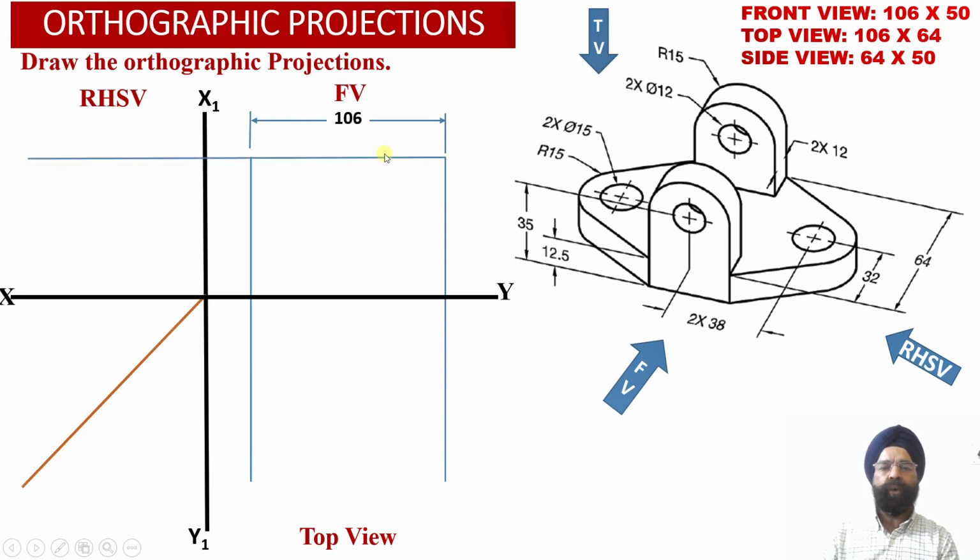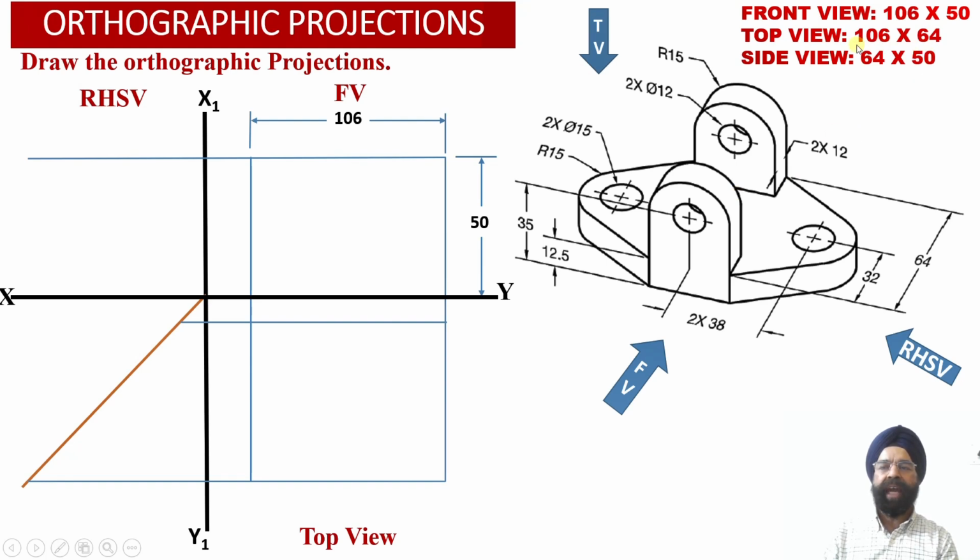So now we are going to draw a horizontal projector line in the front view projection, and we have extended this horizontal projector line into the right hand side view projection. And the height of this horizontal projector line above the XY reference line we have marked as 50 millimeter. So now the dimensions corresponding to the front face, 106 millimeter width and 50 millimeter height, have been obtained in the front view projections.